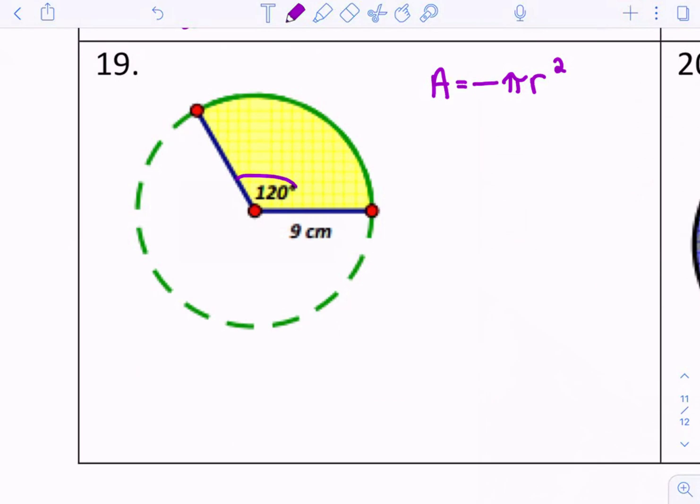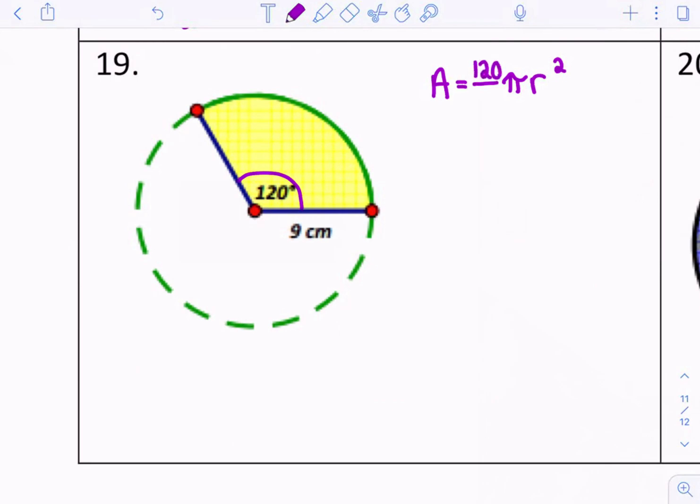Well, we know that the radius is 9. That's one piece of information. But we're also given a degree measure, 120 degrees. Now that's compared to what if we had a full circle? So 120 out of a possible 360.